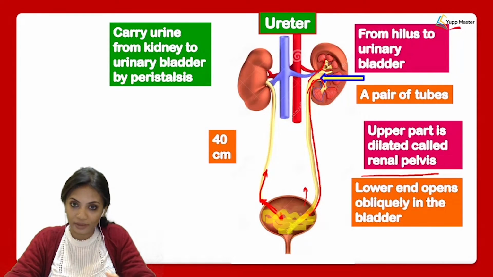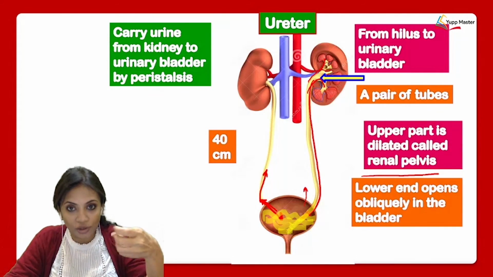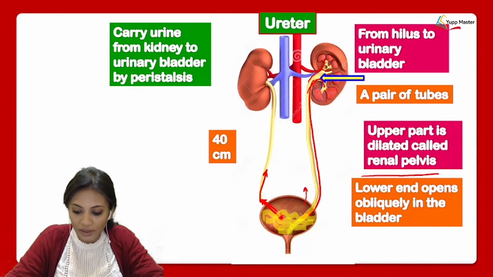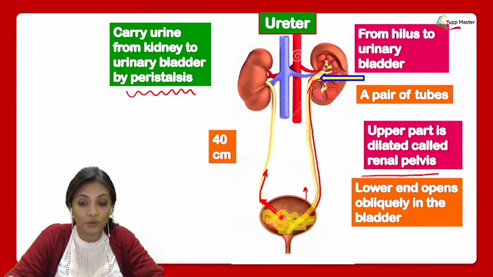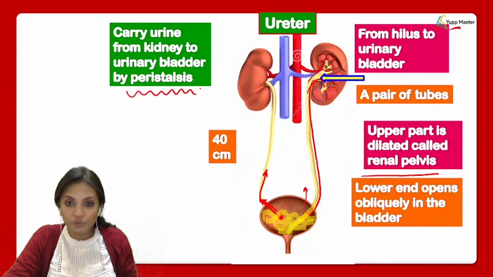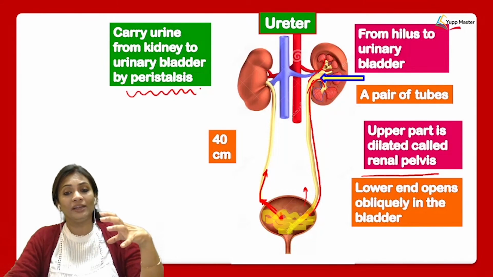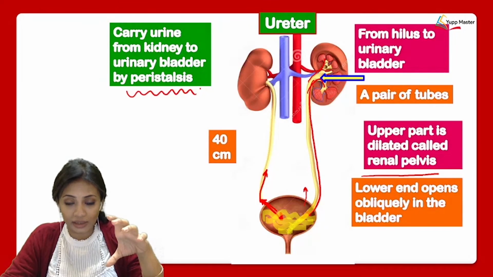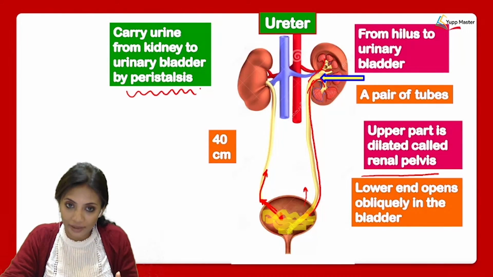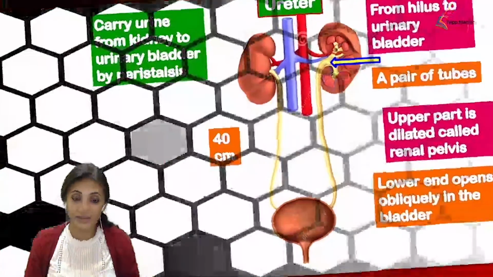And remember, in a tubular organ, alternate contractions and relaxations are called peristalsis. So whenever urine is made in the kidneys, it travels down and enters the urinary bladder by a process called peristalsis.